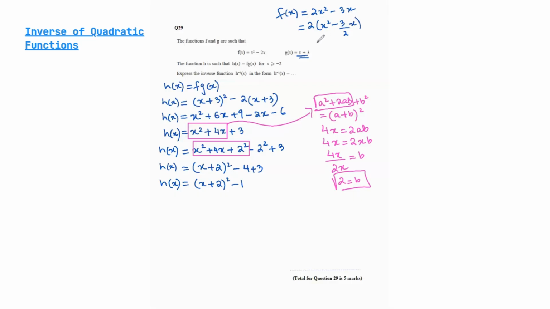Once you have taken it common, then you complete the square using this bracket. The 2 that you've taken common, that will remain outside throughout the process. You will solve that right at the end of the equation once you've converted into completing square form. But completing square form can only begin once you've made the coefficient of x squared 1. If you haven't done that and you start solving from the beginning and convert into completing square form, your answer will be incorrect.